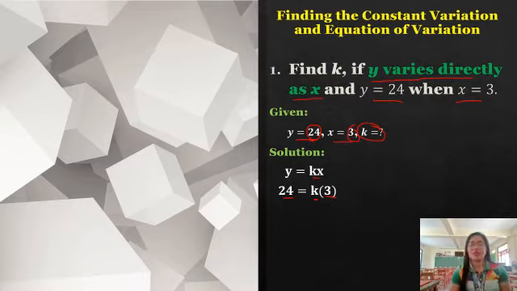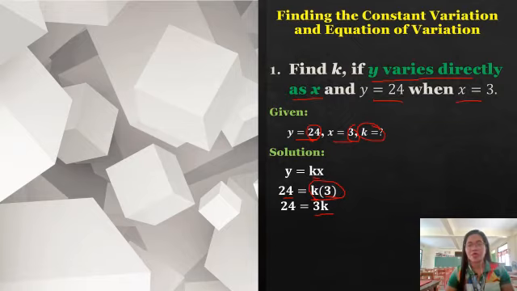After substituting, you are going to simplify what is inside the parentheses, and k times 3 is 3k. Take note, in multiplying a variable and a number, the number must be written first. So that's why it's 3k.